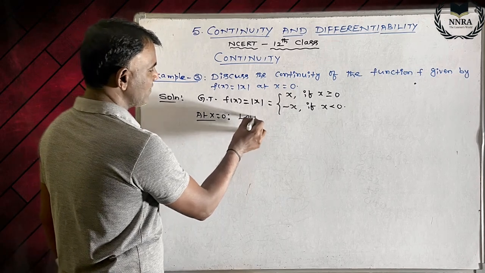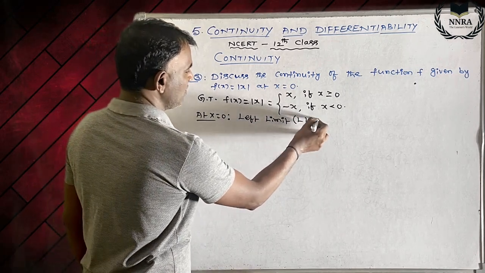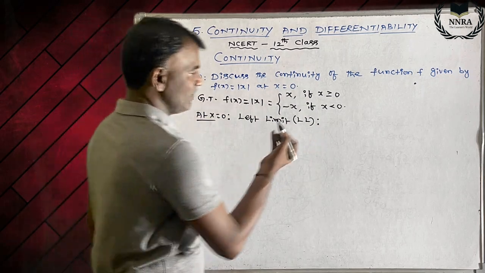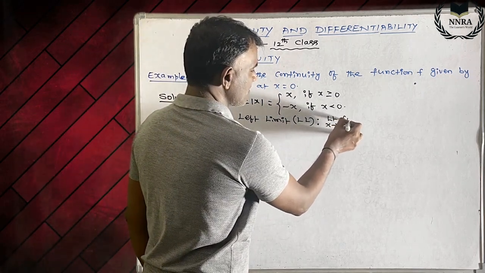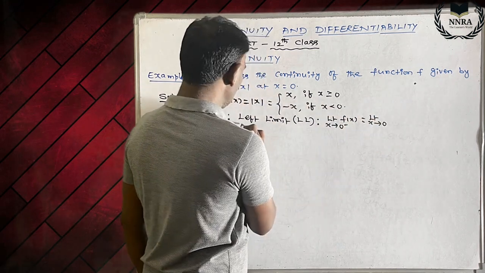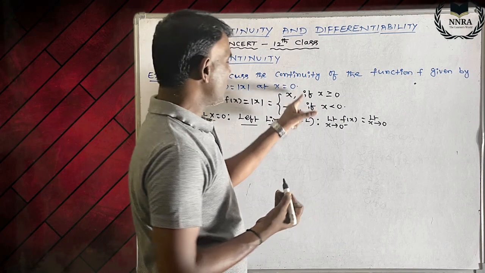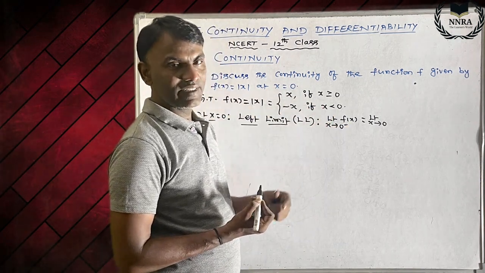So first we write left limit, LL. So how to write this? Limit x tends to 0 minus f(x). That is limit x tends to 0. In these two, which is for left limit? x less than 0 is for left limit, right? Why?